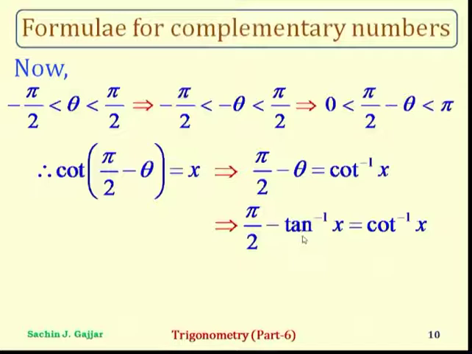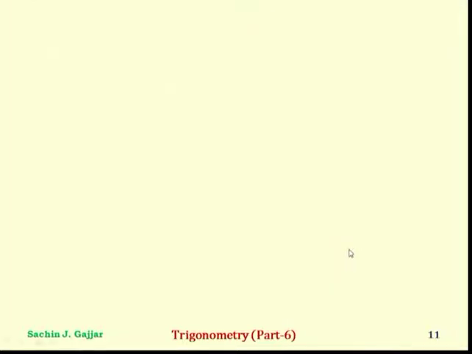Now if we take minus tan inverse x to the right side, then we have the result tan inverse x plus cot inverse x equal to pi by 2. This is also a very important result. Okay, so we have proved these two results for complementary numbers, and try to prove the second result also.